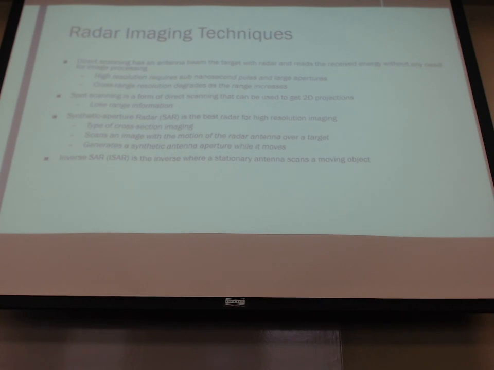That's what spot scanning is, and that's how you get projections, the equivalent of taking a picture of something. You can use radar to form a 2D image where you lose the range, but you get an idea of what it might look like, and that's really useful for target location or identification of whatever your target is.